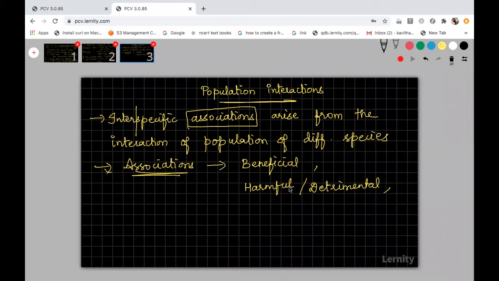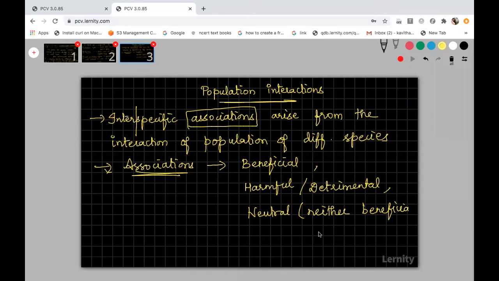Suppose a parasite is living in a host body. Will it give any beneficial things to the host? No, it will get beneficial things from the host, but in return it will give diseases to the host. So sometimes the association may be harmful, or sometimes it may be neutral.